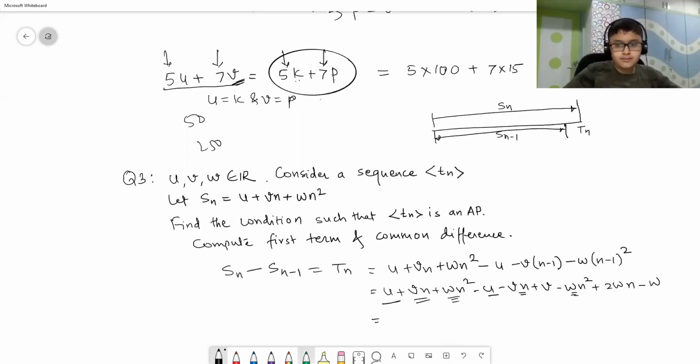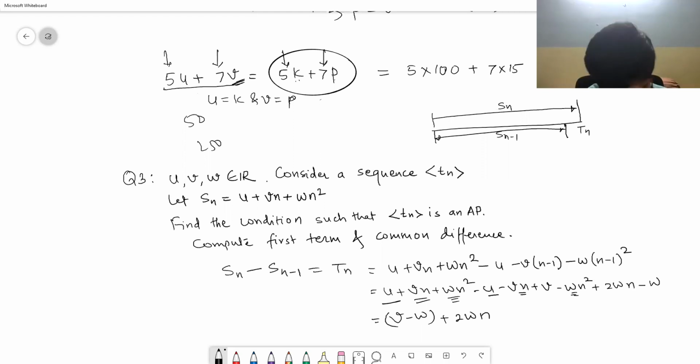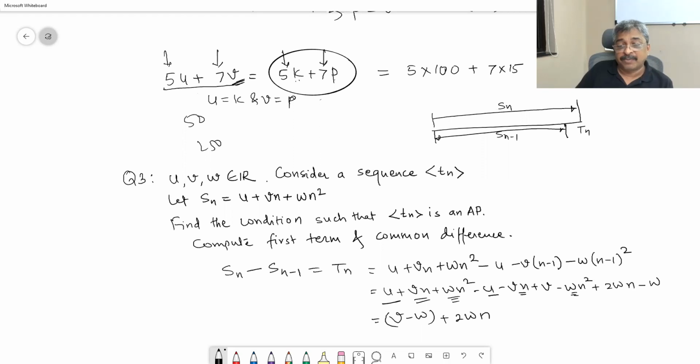So now what is remaining is V minus W plus 2Wn. Is it correct now? Yes, sir. Okay. And therefore, if this is term number n, then this is A plus n minus 1 times D.